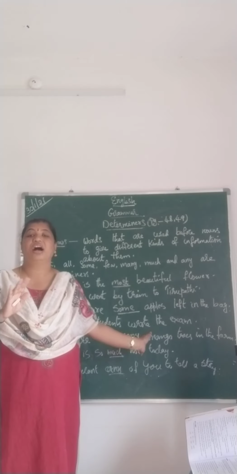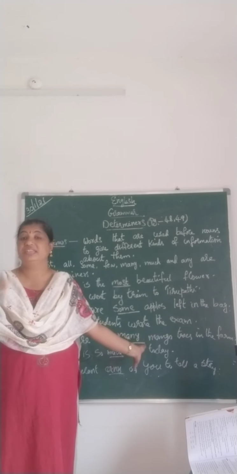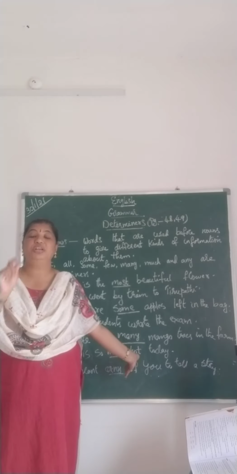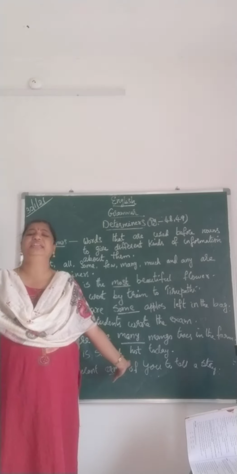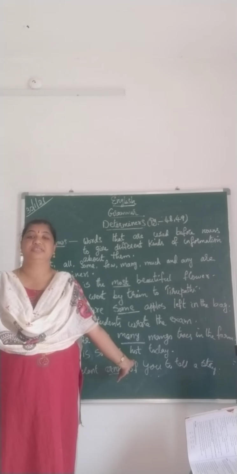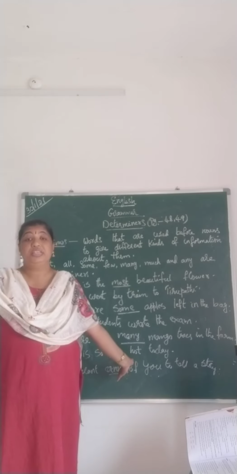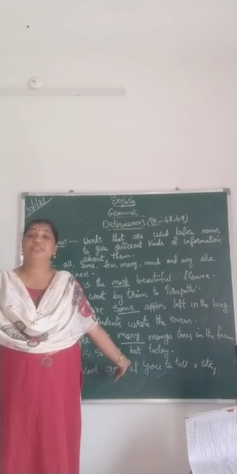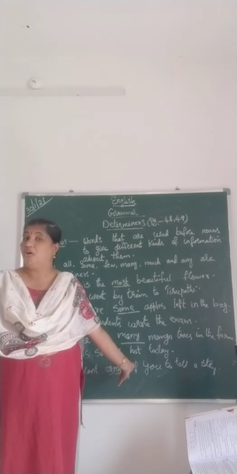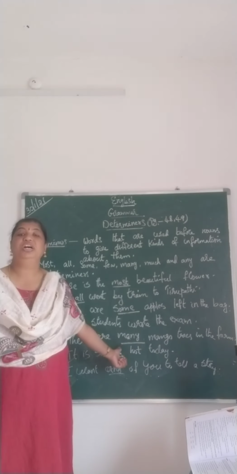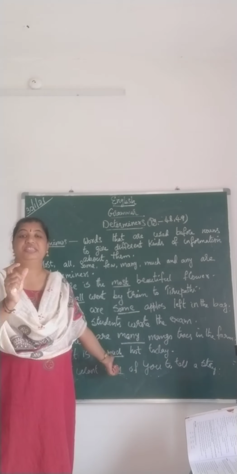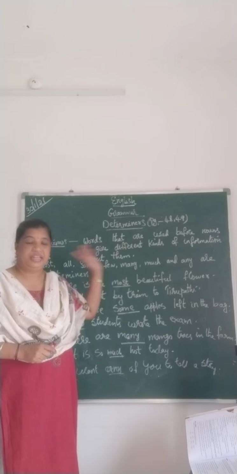You can't count how many mango trees are there in the farm, so you can put a word called "many." That "many" shows there are so many things. Depending upon the size of the farm, the mango trees can also be more. So in this sentence, the word "many" is a determiner.